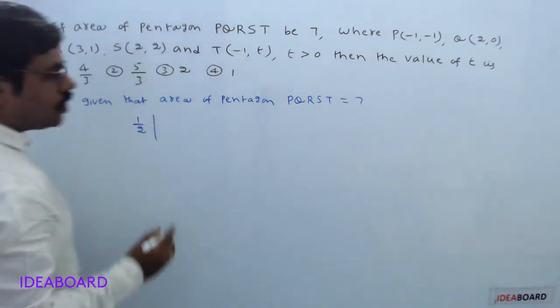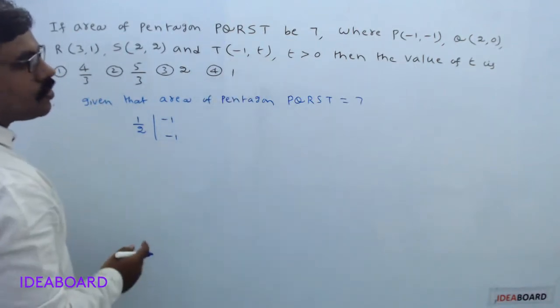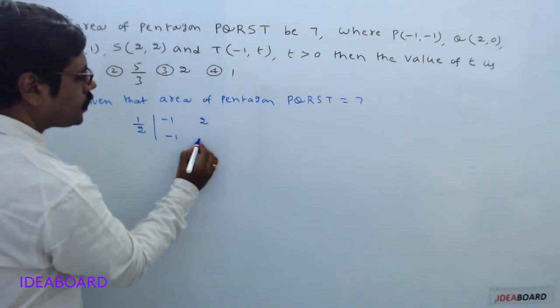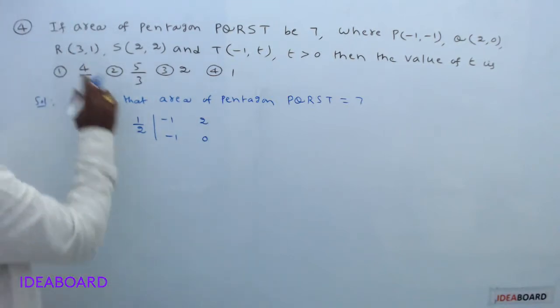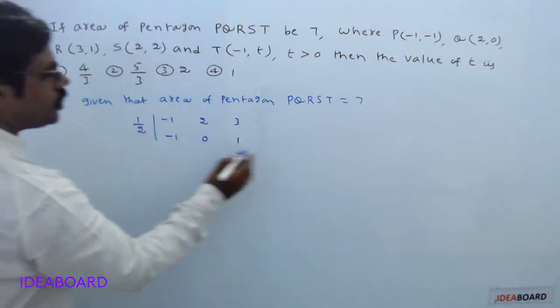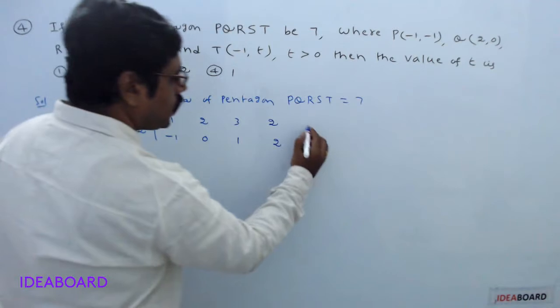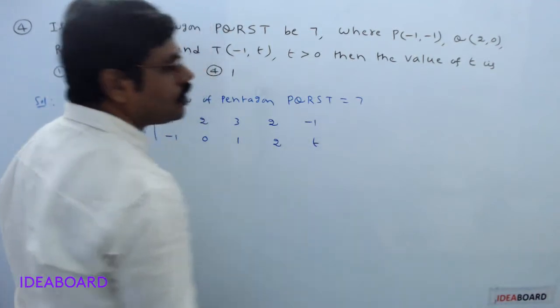What are the first point coordinates? Minus 1, minus 1. Second point coordinates 2, 0. Then third point coordinates 3, 1. Fourth point coordinates 2, 2. Then last point minus 1, t.